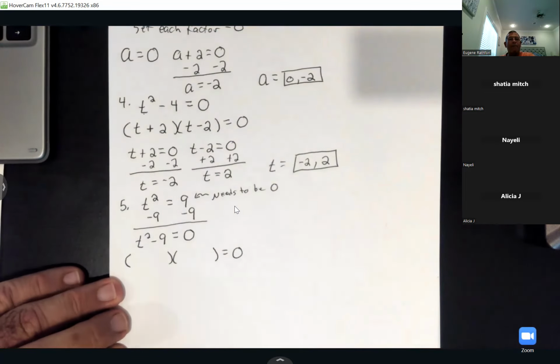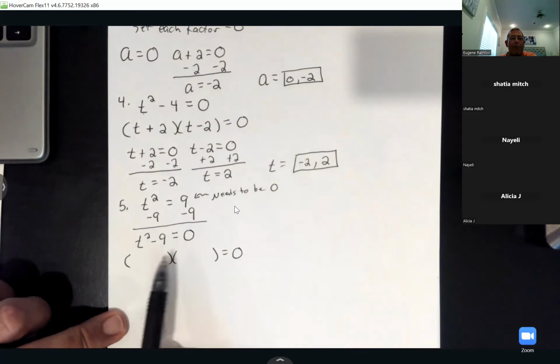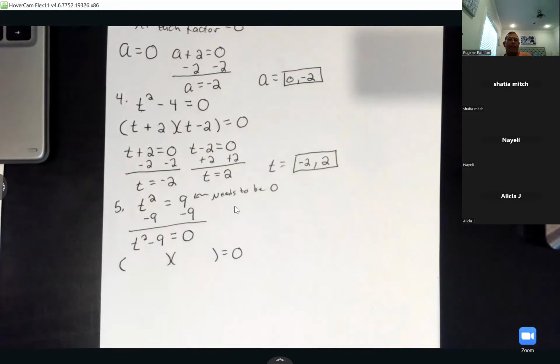So y'all, what am I going to put into both of my parentheses? So let's see if one of y'all can actually factor that for me.